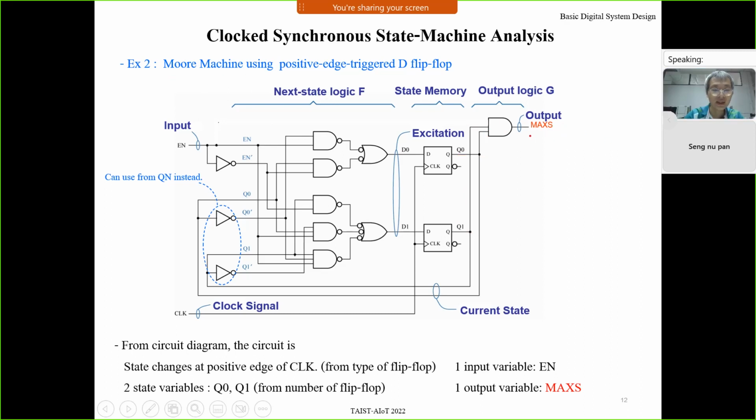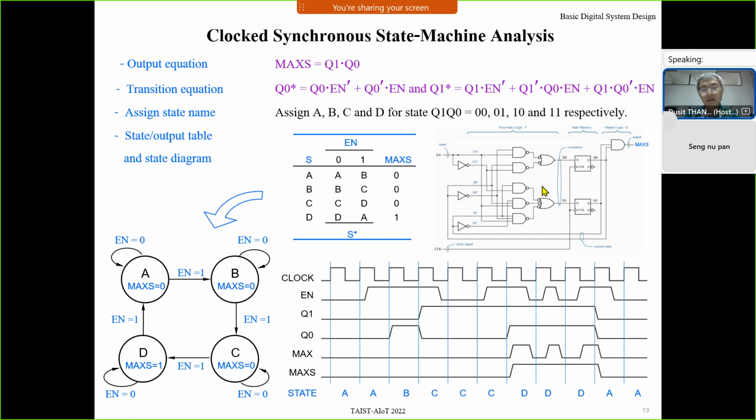Okay. In this case, I change the name of the output to max. To analyze, it's the same. Same state and transition equation, just different at the output equation.